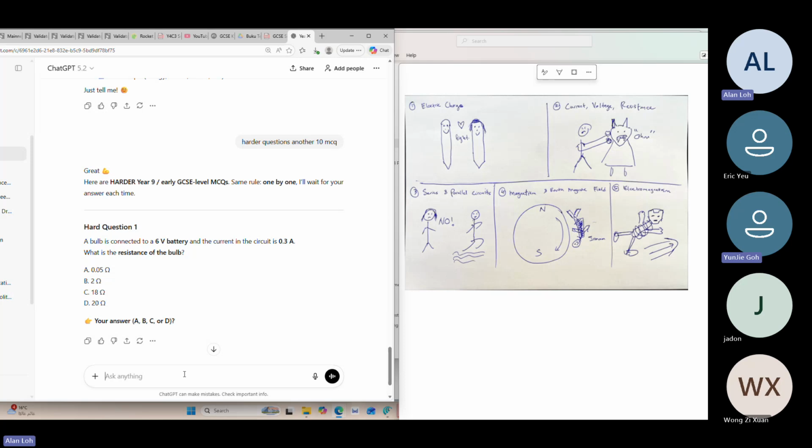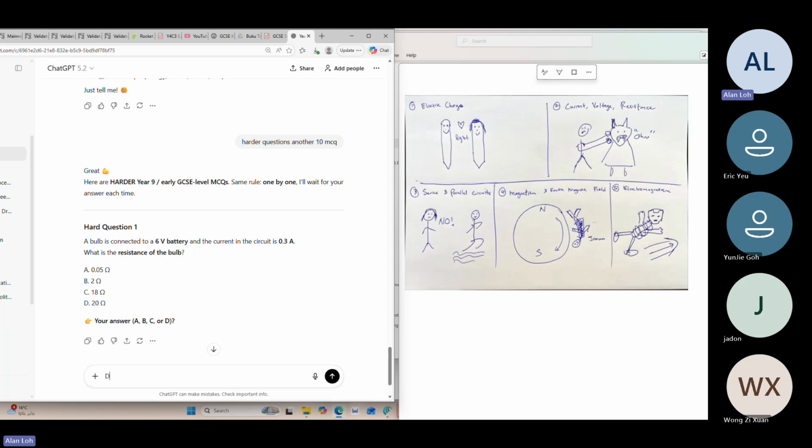Resistance times current is equal to voltage. So we do 6 V divided by 0.3, which is 20. So it's D. I saw Xuan also giving the answer D. Eric, do you think it's C or D? D. You definitely remember, last time we had the same question and I was careless and got the wrong answer as well. Remember? Okay, D.